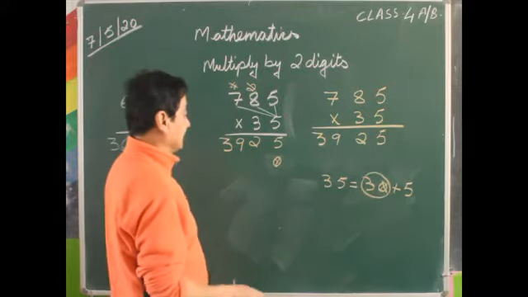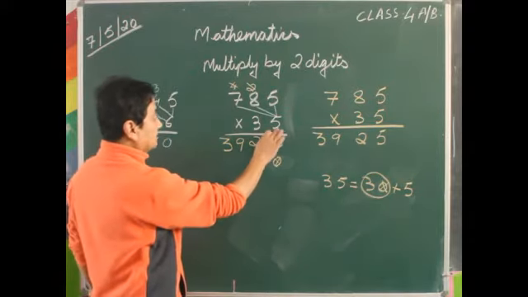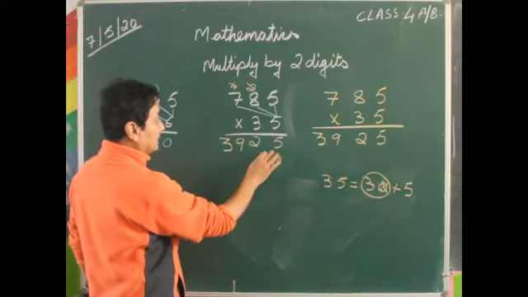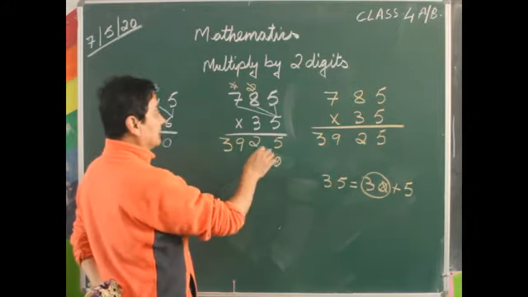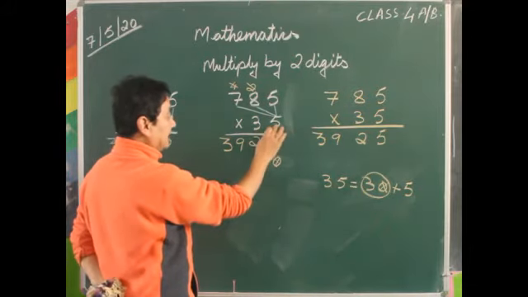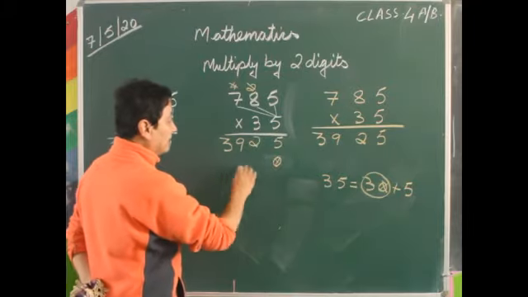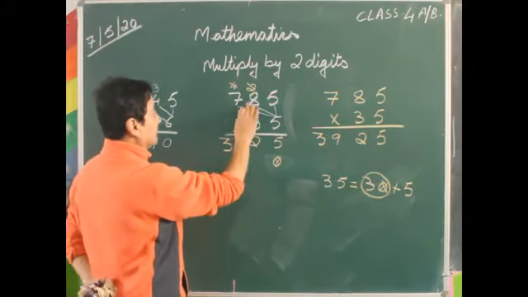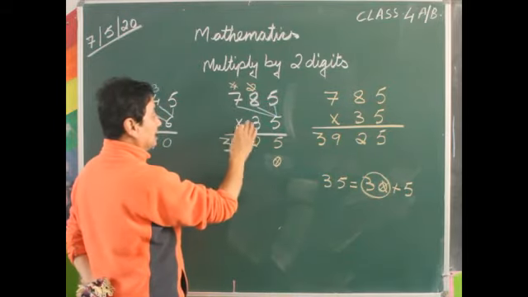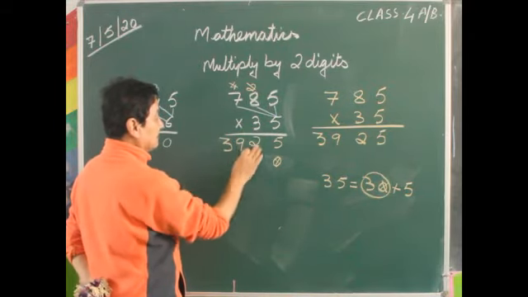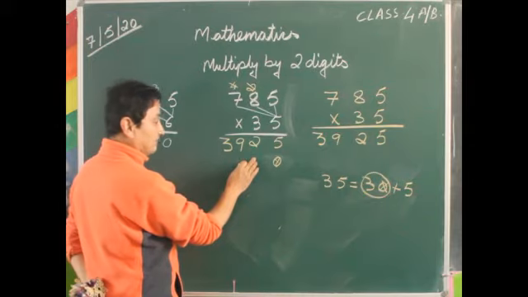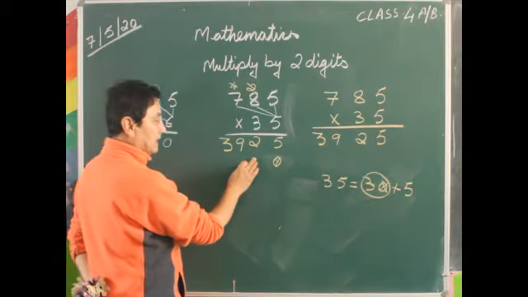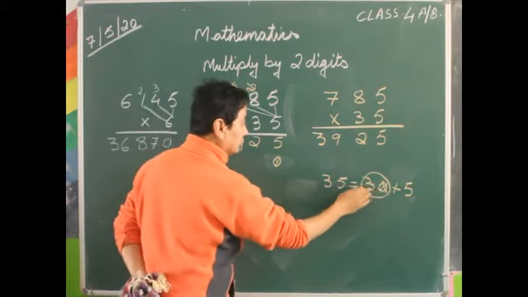So let's do the same sum. This work that we have done is the answer that we get by multiplying by 5. Now we have to find another answer: how much is 785 multiplied by 3? So this answer we must write here. But before we multiply, we must put a 0.